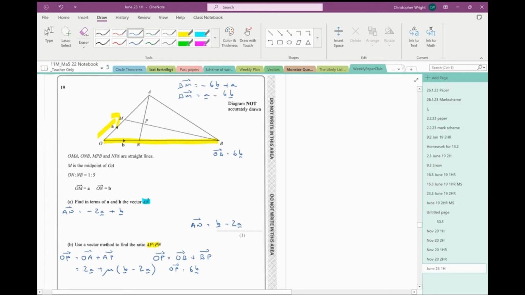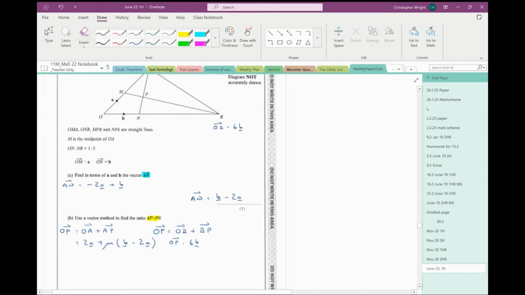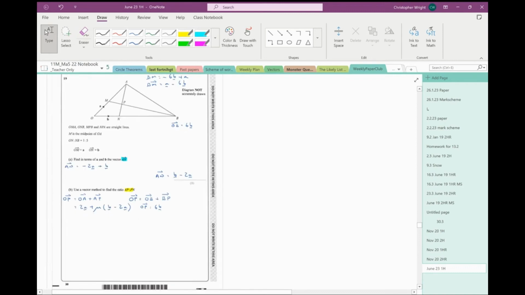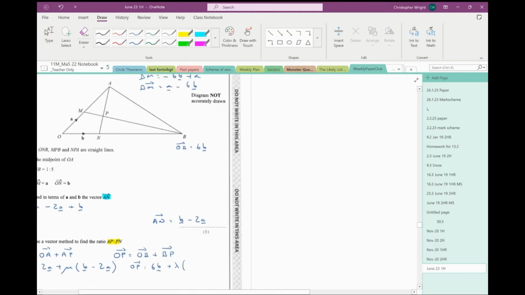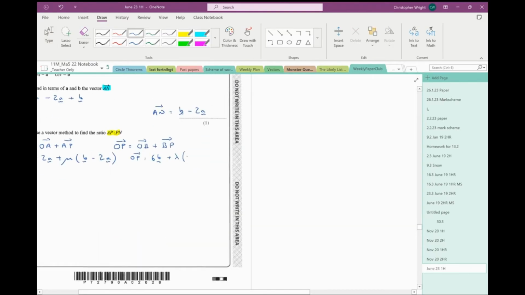So B to P is going to be a certain fraction of that. I'm going to call it lambda. So B to P will be plus lambda, a certain fraction of A minus 6B. Okay.